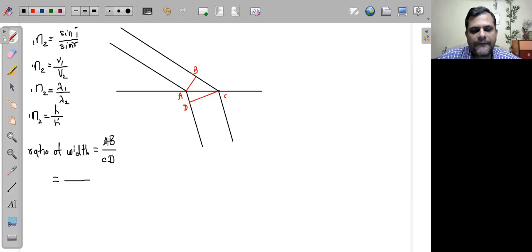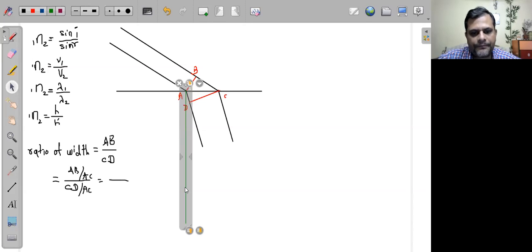If we just divide by AC, both numerator as well as denominator, तो AB को AC से अगर हम डिवाइड कर देते हैं और CD को भी AC से डिवाइड कर देते हैं, तो हमको देखो यहाँ पे रेशियो क्या मिलेगा। जैसा कि हम जानते हैं, suppose this angle of incidence, यहाँ पे हम मार्क करेंगे। उसके लिए हमको नॉर्मल ड्रॉ करना जरूरी होगा। Suppose this is the normal, yes, okay, this is the normal.